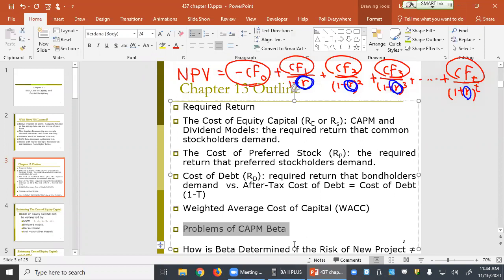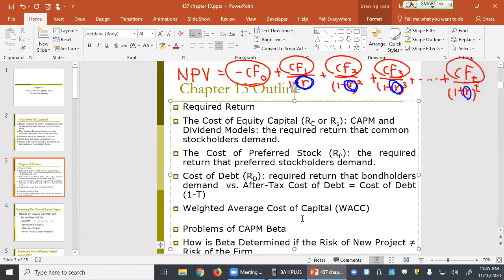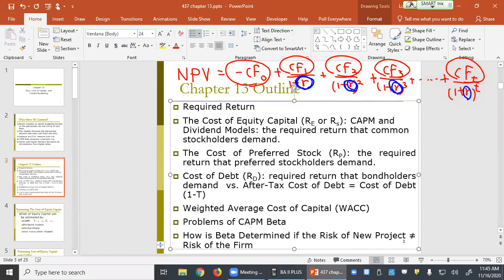Plus, it really doesn't require much in the way of math skills to apply the CAPM equation. So you still have to know CAPM very well. We'll talk about the strengths and weaknesses of CAPM beta.